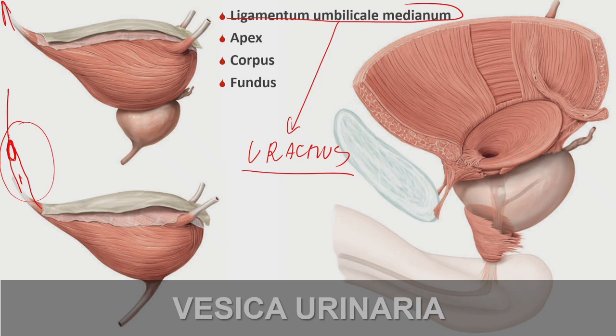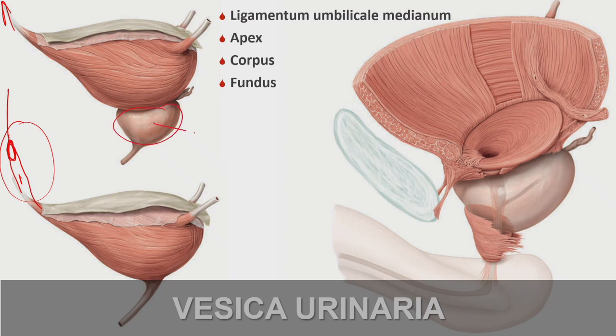The urinary bladder itself has apex, corpus, fundus, and is arranged differently in women and in men with the urethra, because in the male we can see the prostate here.